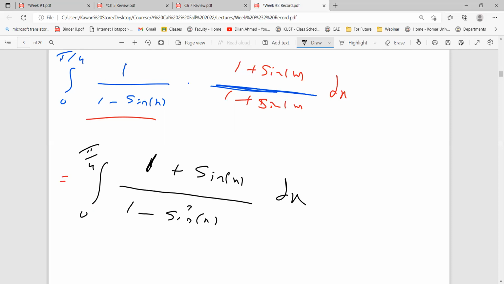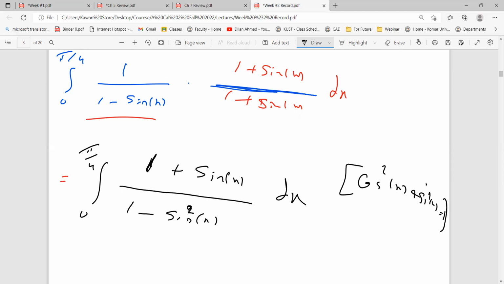Next step, we change that to square. So what's the purpose of that step? Exactly. We have cosine square plus sine square equal to 1, right?